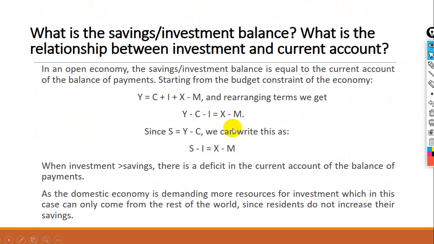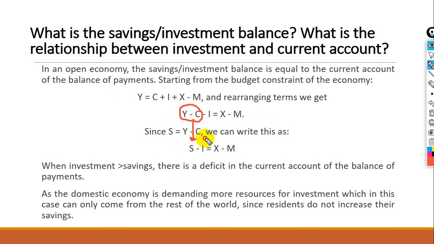What about the case of an open economy? In case of an open economy, we are going to rearrange the equation Y minus C minus I equals X minus M, and then replace Y minus C with S. So the new equation is S minus I, which is the saving investment balance, equals X minus M, which is the current account balance.